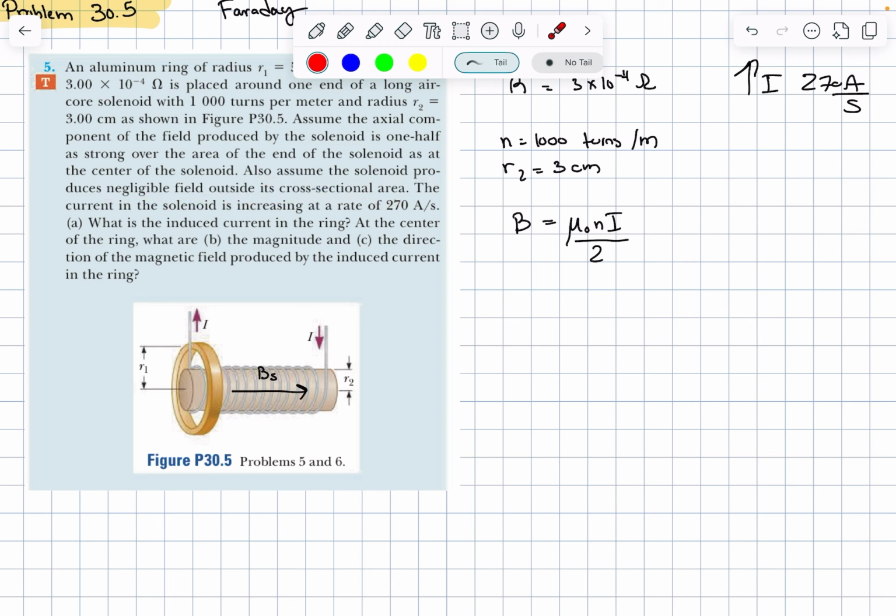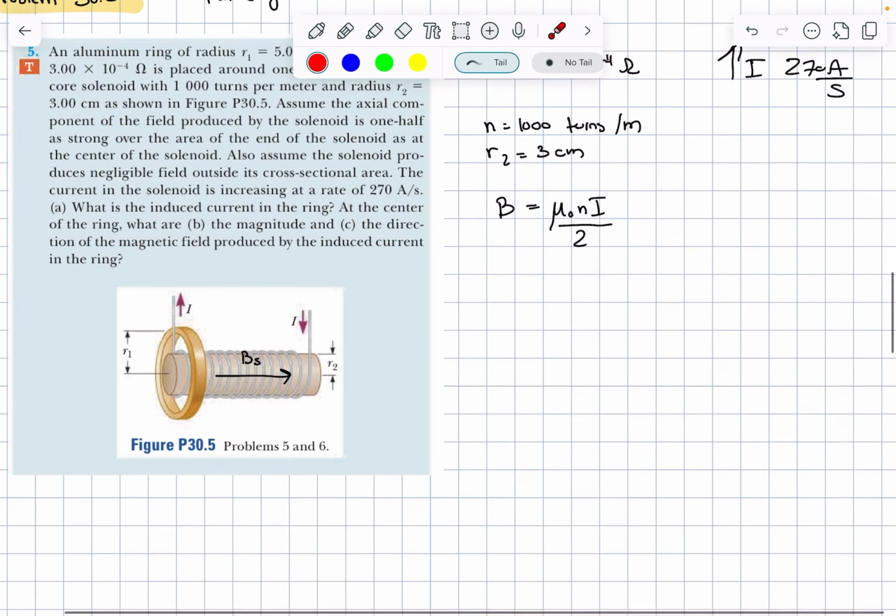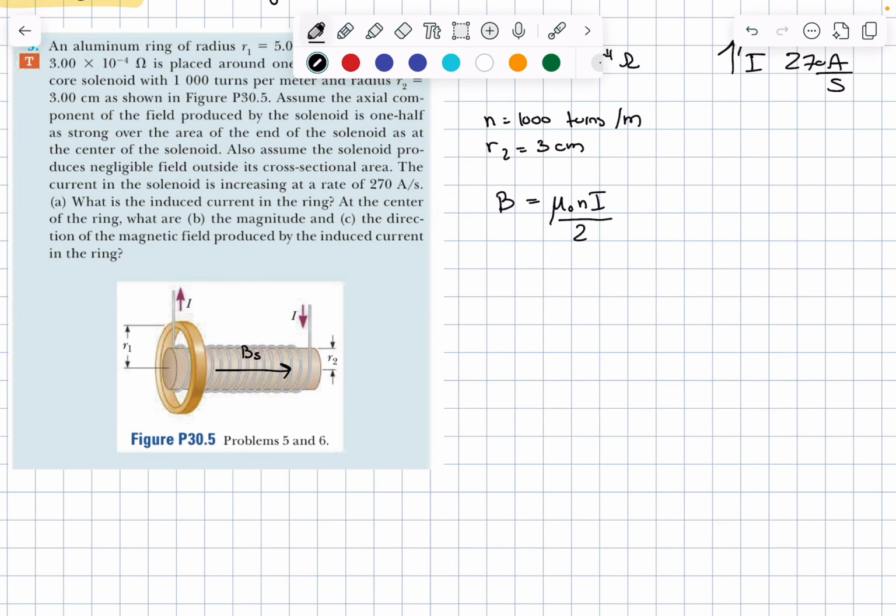So let's go ahead and figure out what the current induced inside the ring is. This is A, and to get the induced current, we first need to find the induced EMF, where E, the EMF, is equal to negative d over dt of the magnetic flux, which here is just B times A times cosine of theta, because here we're just looking at this area that is nicely lined up with our magnetic field.